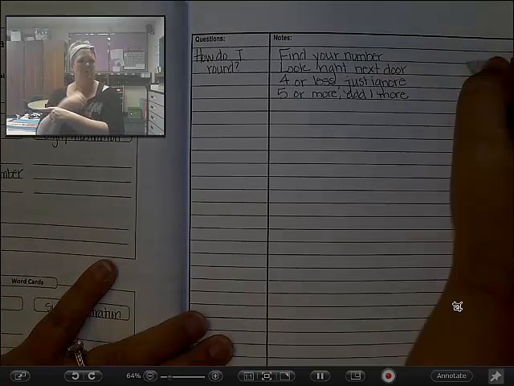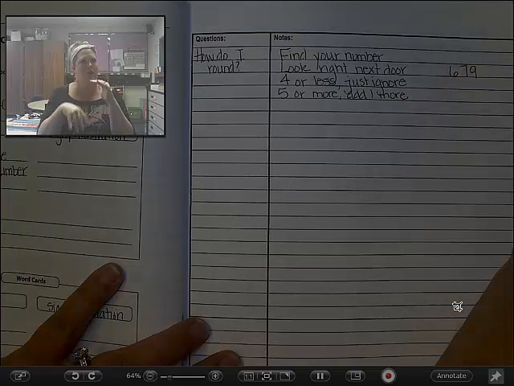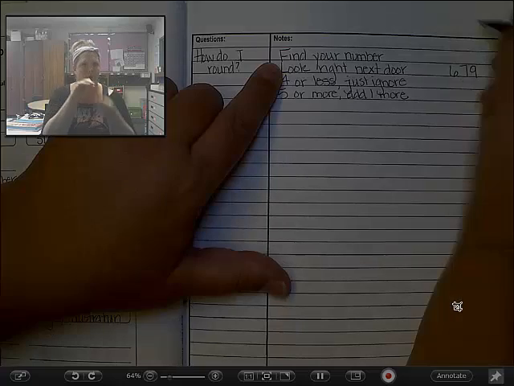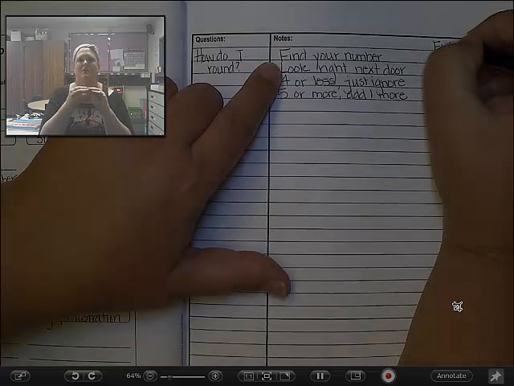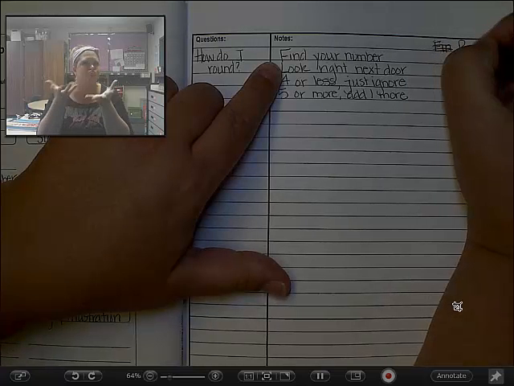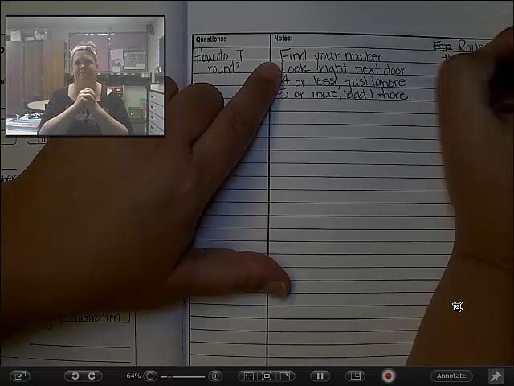What do you do? Line up your decimal points. So, for example, you have the number 209. First step, find your numbers. The directions are going to tell you to round to the nearest place value position.